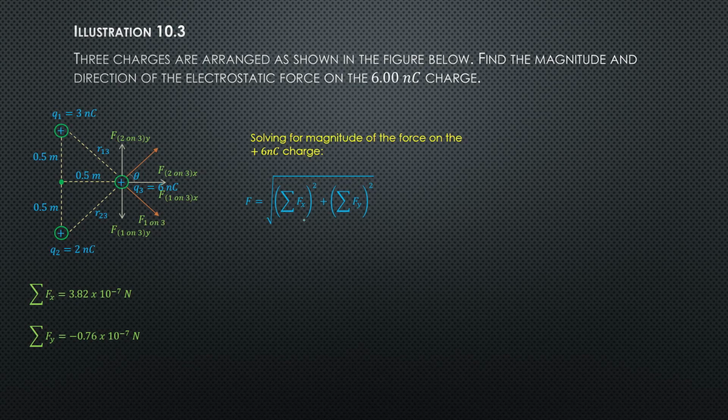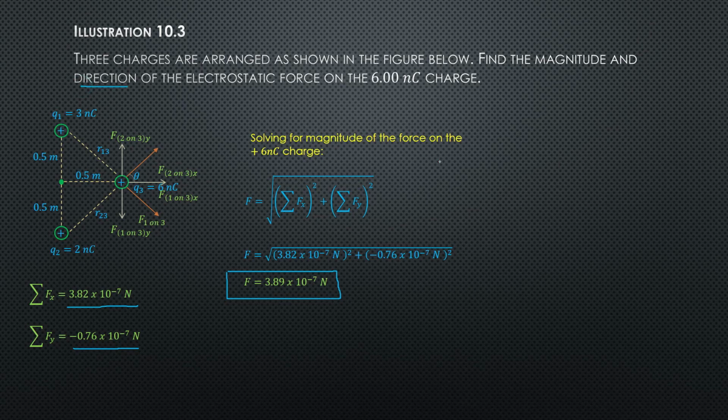Substituting those values: 3.82 times 10 to the negative 7 squared plus negative 0.76 times 10 to the negative 7 squared, the square root of that gives us 3.89 times 10 to the negative 7 newtons. This will be the magnitude of the force. Now solving for its direction.